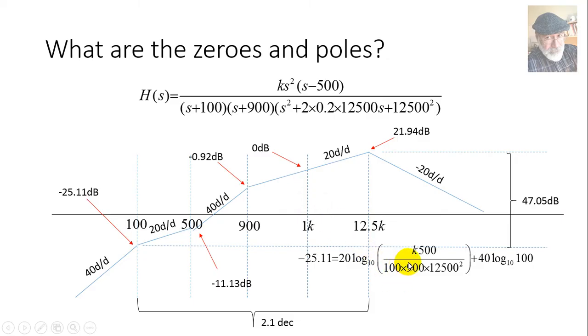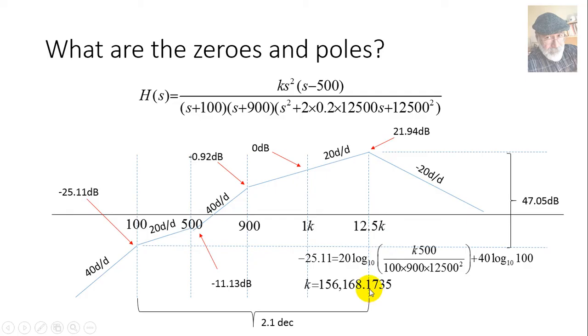And of course, we have to add the contribution of the double zero at 0. That is this number of decades away from 1. Logarithm of 100 over 1 multiplied by this slope 40. That is the contribution of that double zero at 0. That added has to be the value we know. We can solve for K and find it is 156,168. And that is the answer to part A.